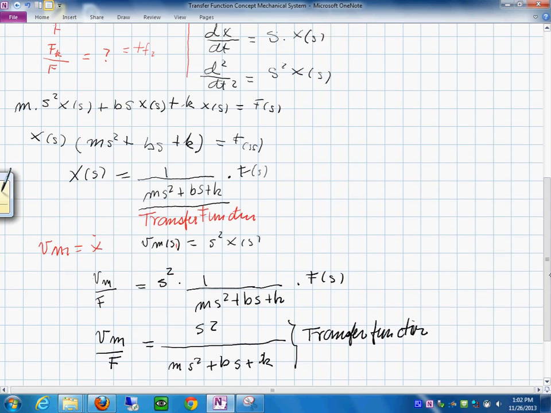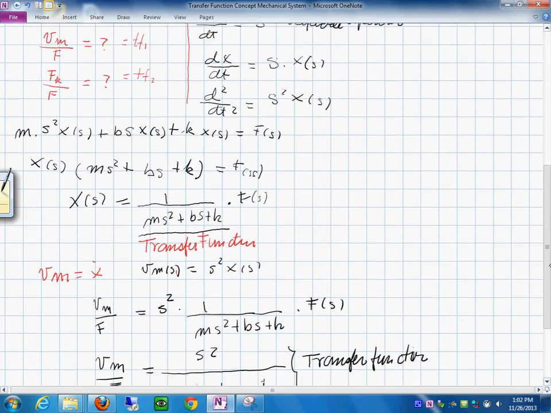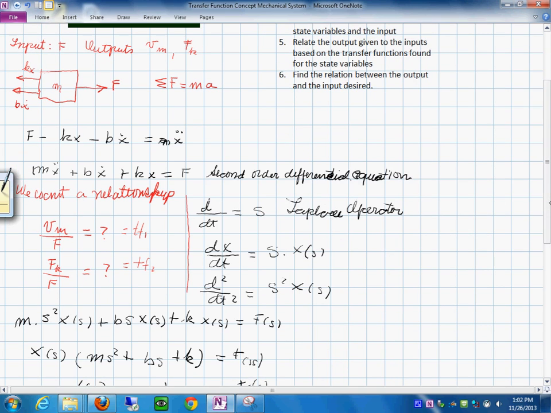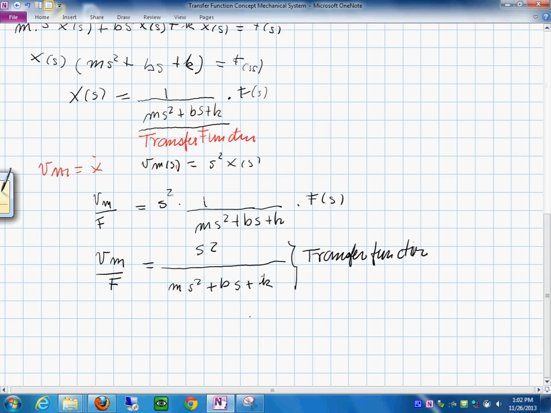But remember, that was not the only one that we wanted. The force on the spring, this force here, is k times x. That's the force on the spring. So F of the spring of s is equal to k times x of s.